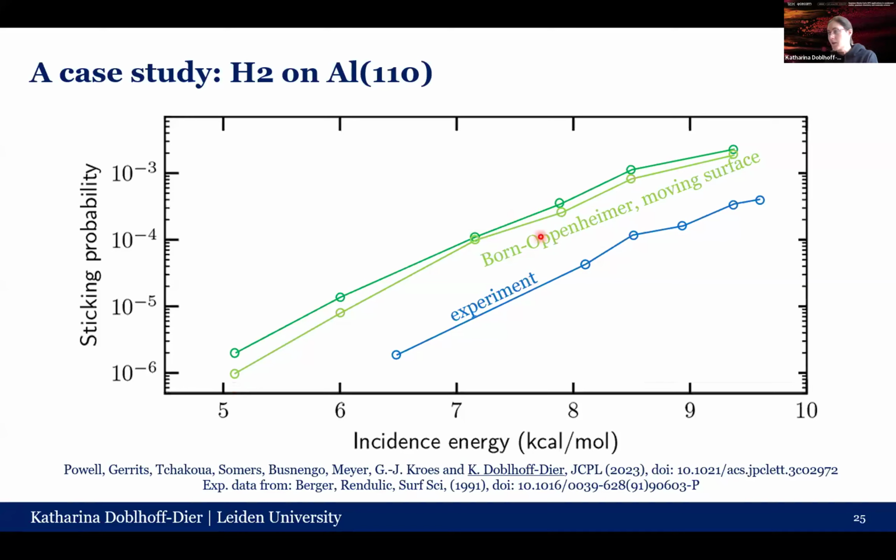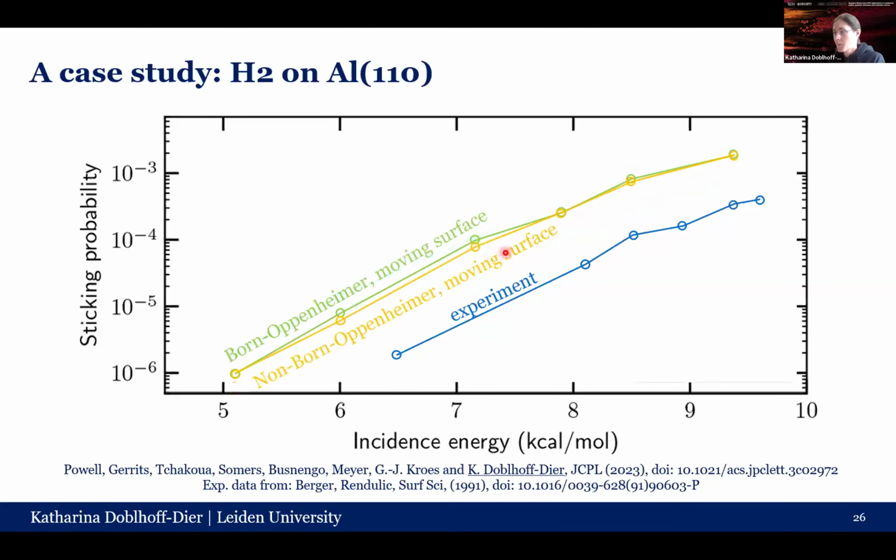And that is a valid point because in the metal you have states close to the Fermi energy, so you can have infinitesimally small excitations of electrons, and that could lead to what we call electronic friction, which is basically nothing else than a non-adiabatic effect in which we could lose energy. We can try to include this electronic friction, which gives us the yellow line, and nothing much happened. I'd actually say it's basically within error bars.